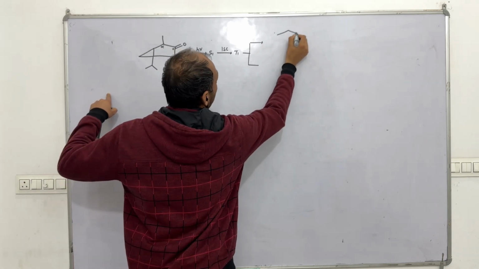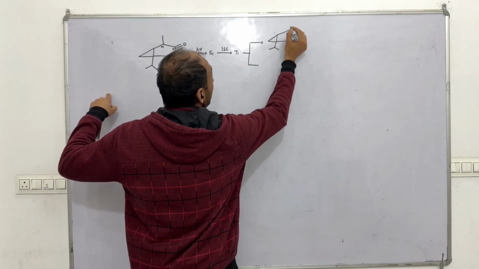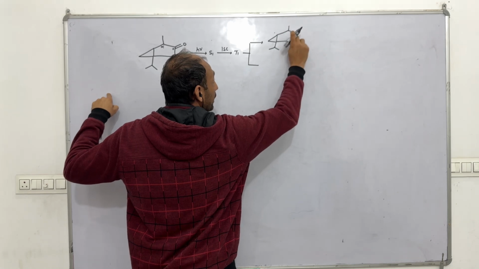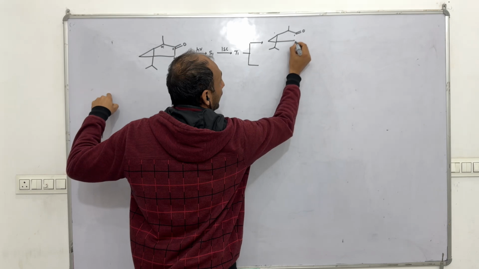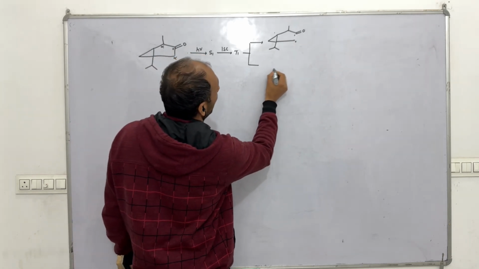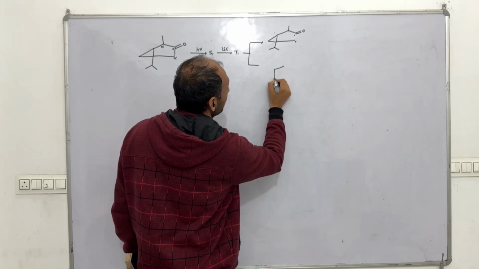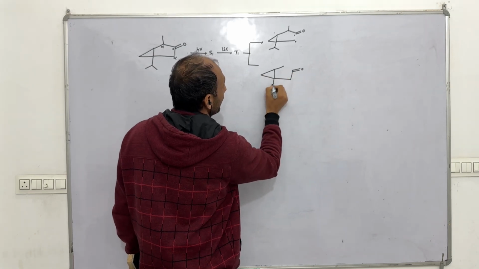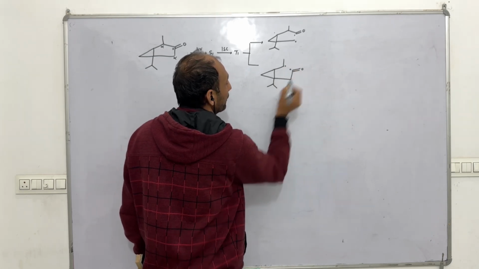So you have two options. In the very first option, you break this alpha bond, giving a radical, or this alpha bond.